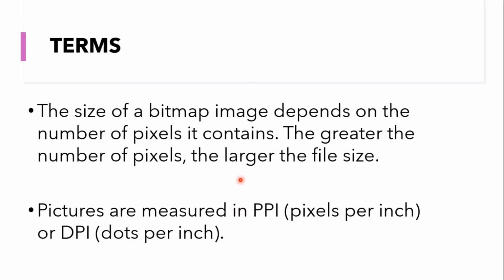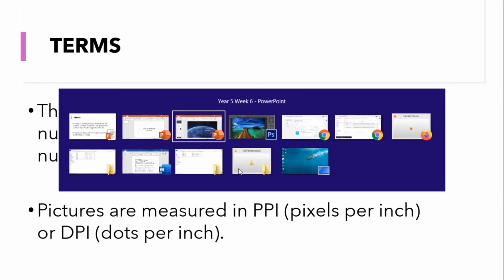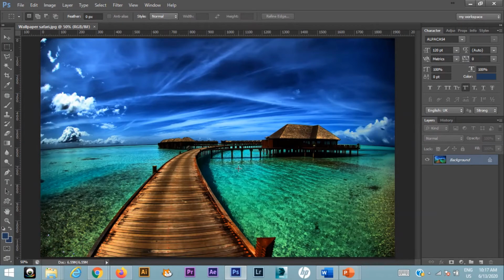Now, in today's lesson, we want to look at two basic things. First, how we can convert an image to grayscale, and secondly, how we can reduce the size of a picture. Now I'm going to switch to Adobe Photoshop. If you don't have Photoshop, it is okay to install one.